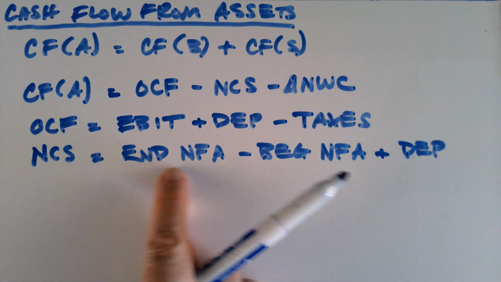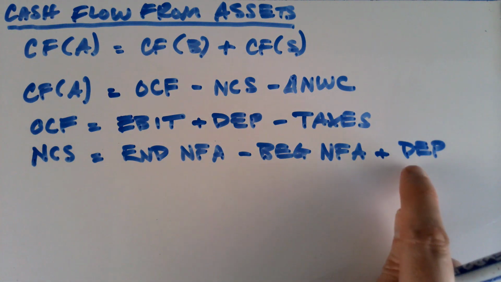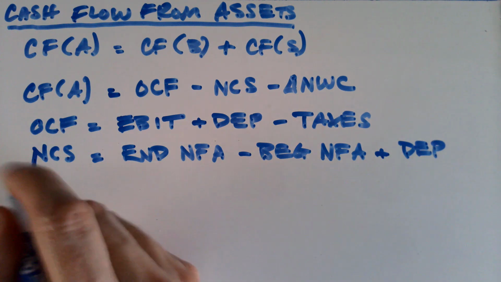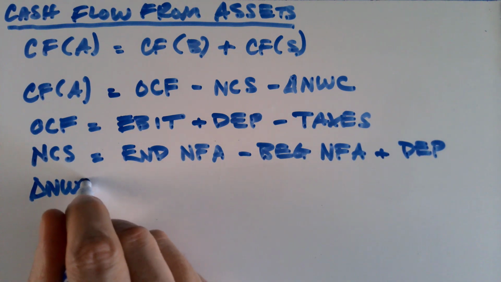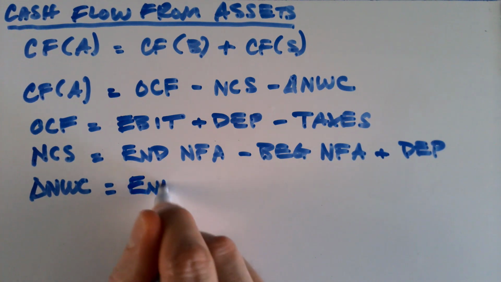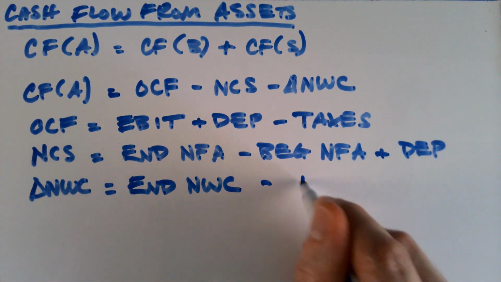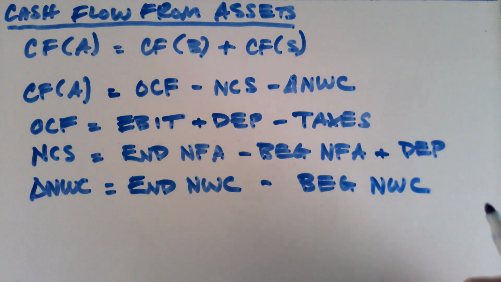And so this number for ending NFA, net fixed assets, is artificially low by the amount of depreciation, so we must add that back. And finally, we have the change in net working capital. The change in net working capital is just the ending net working capital minus the beginning net working capital.